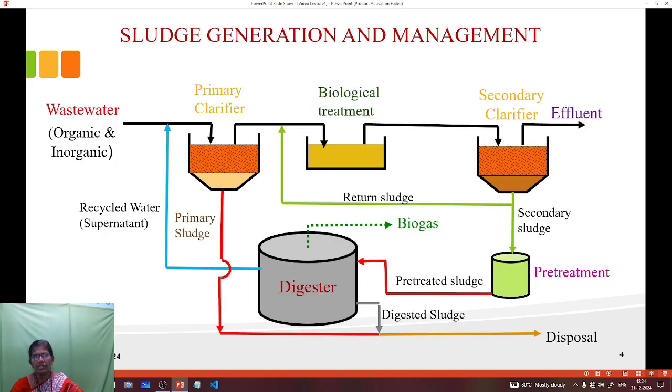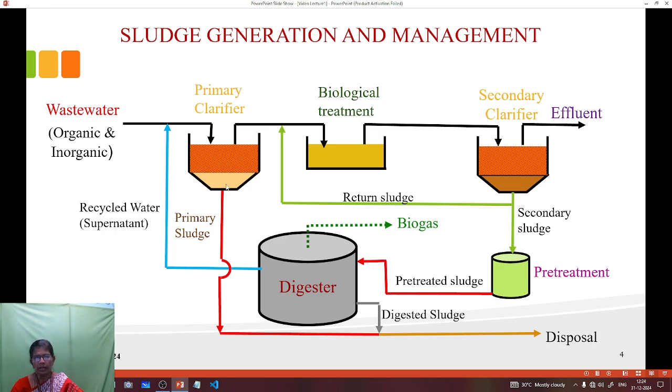So sludge generation: how and where does it come from? It comes from wastewater treatment, where the wastewater contains organic matter as well as inorganic matter. Initially, it is taken to the primary clarifier and simply settled, that is primary sedimentation.